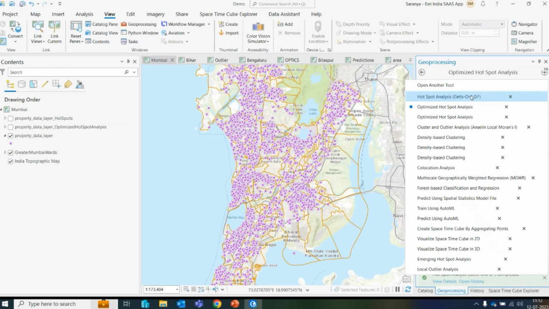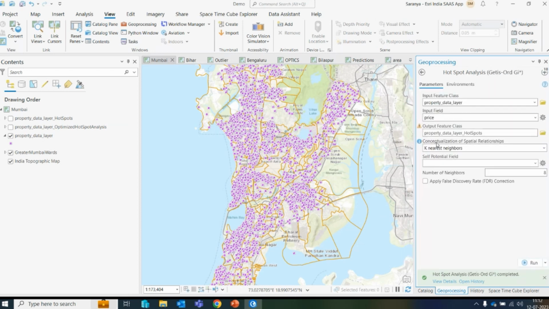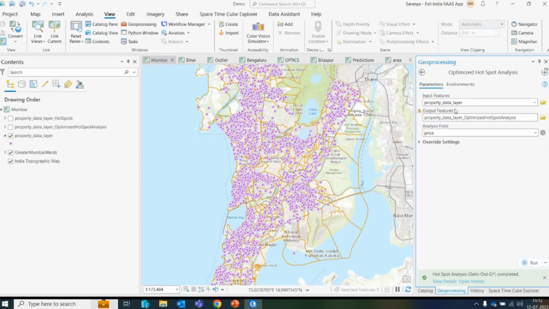In hotspot analysis, you have to decide what spatial relationship you should look for. You have to give the number of neighbors that the tool should consider. Whereas in optimized hotspot analysis, you just have to give the analysis field and the tool will automatically try to identify the right parameters for your data set.